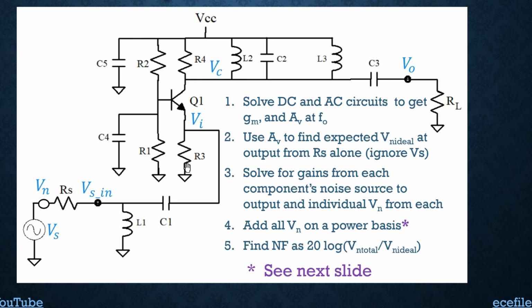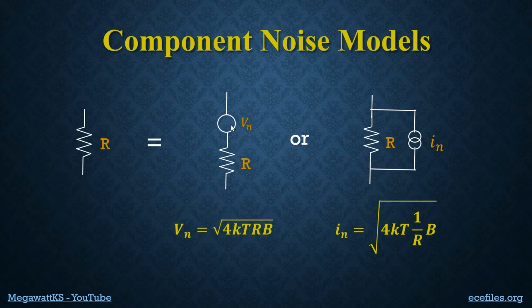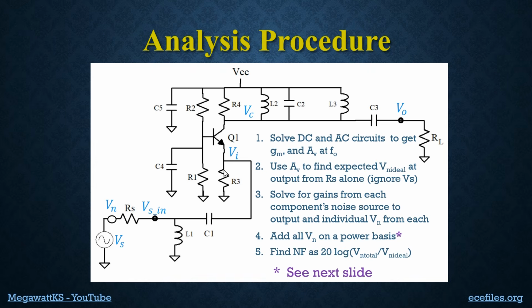And to find that, we have to replace, say, R3 with its noise model in either the Thevenin form or the Norton form, whatever is most convenient, and then solve for how much noise voltage is produced over here just from that element. So when you look at this resistor here and we're doing the noise analysis, just imagine there's a noise voltage.